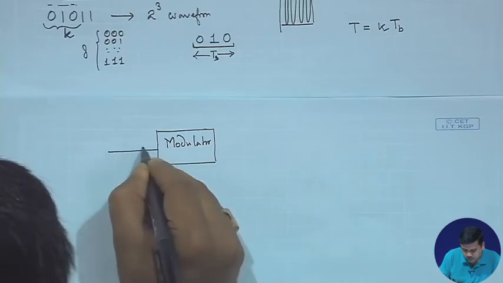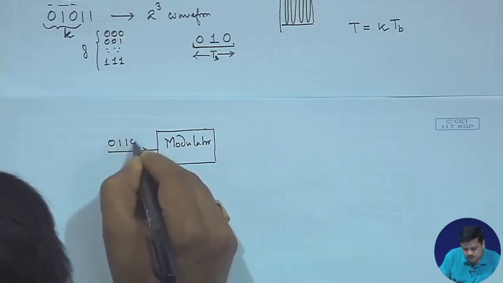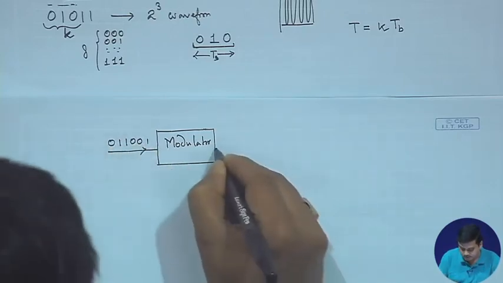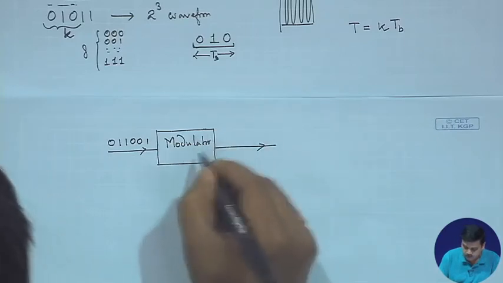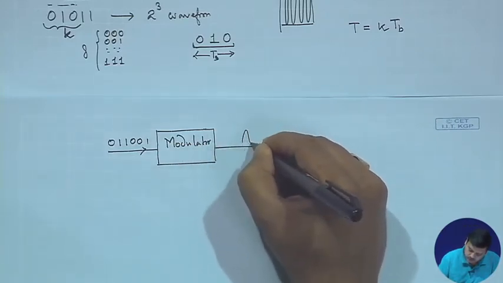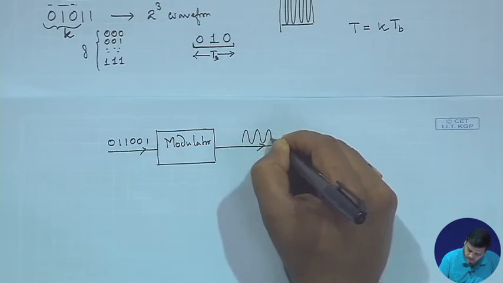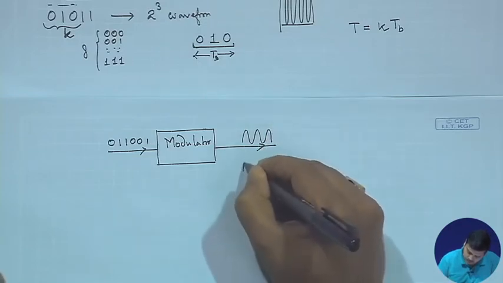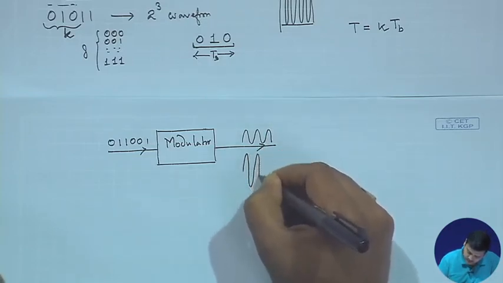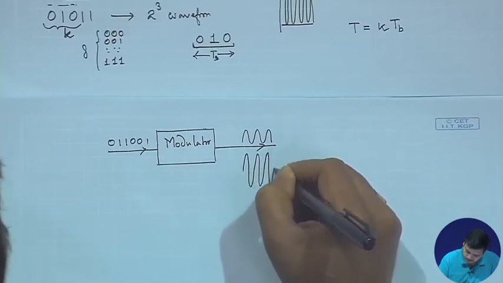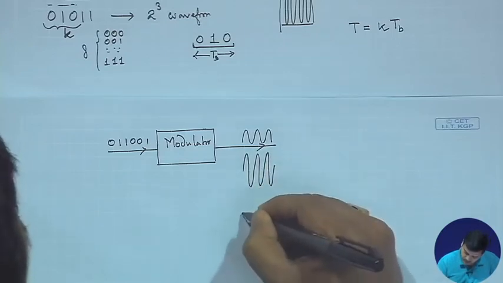We know that bits are coming into it, and we know the modulator should choose a waveform, or let us say a waveform like this. Let us take 4 options.